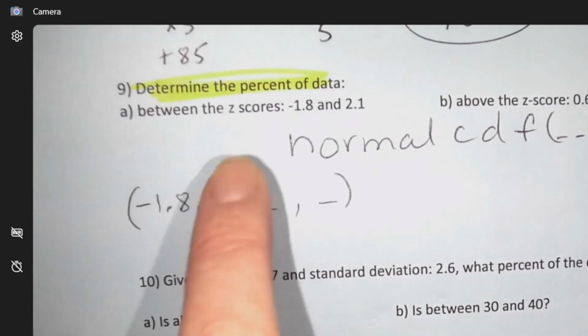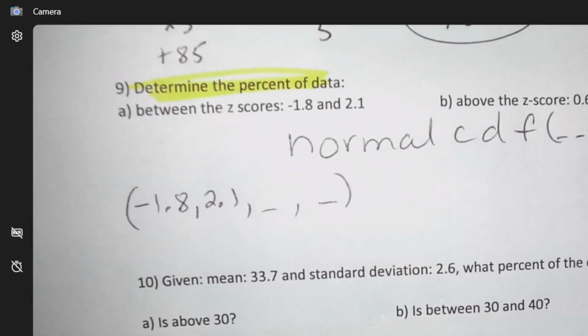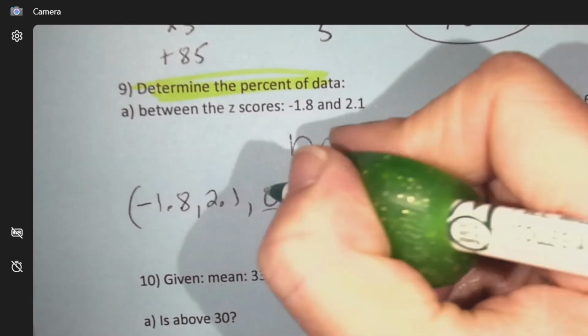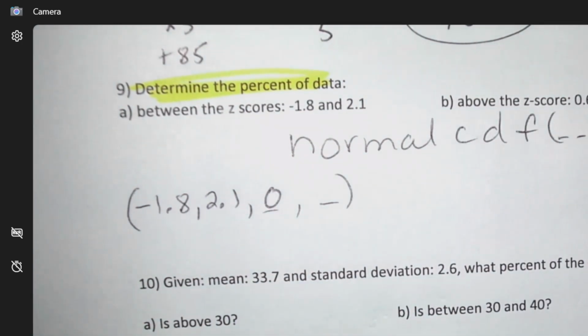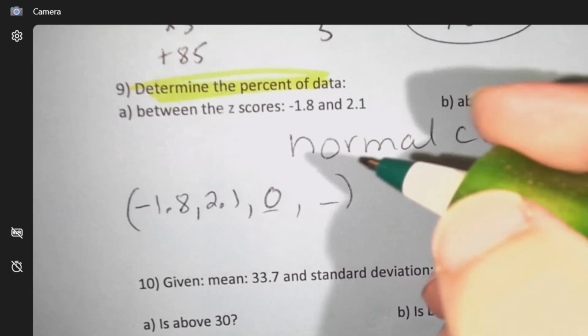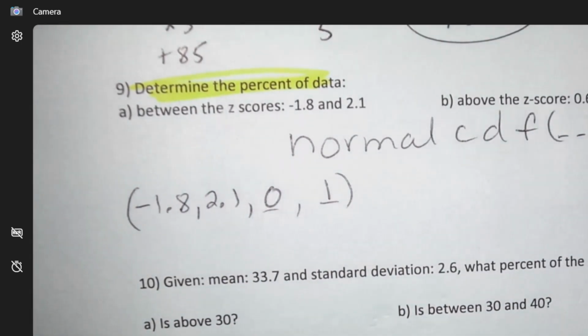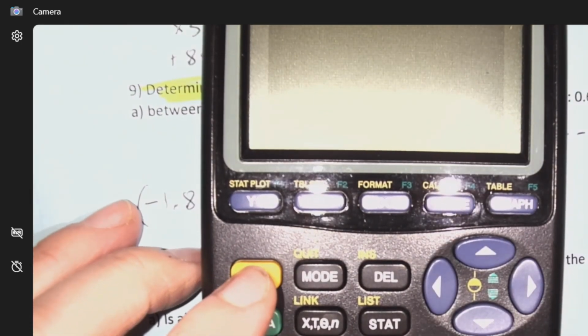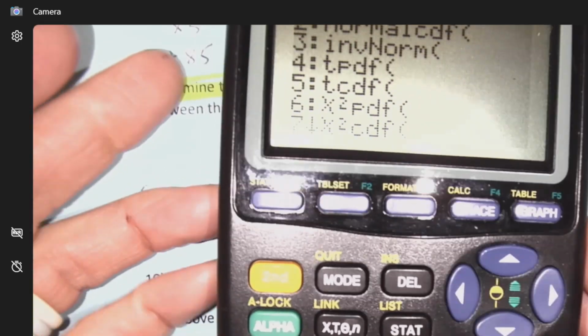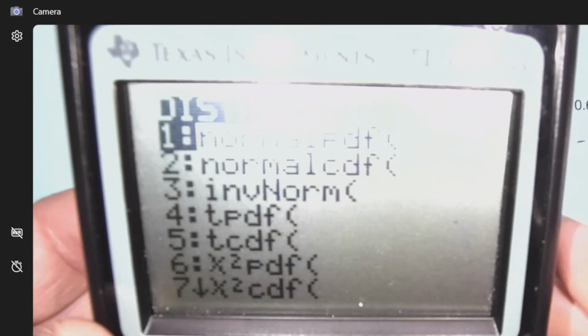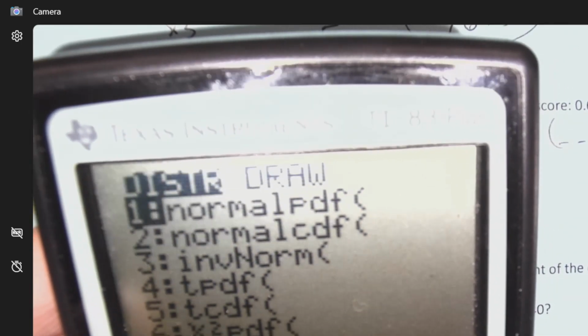So the mean is, what's the Z-score in the middle? 0. And what are the Z-score ticks going up by? 1. Do you remember where your button is? Distribution, so second vars. Second one, just think about cats and dogs.